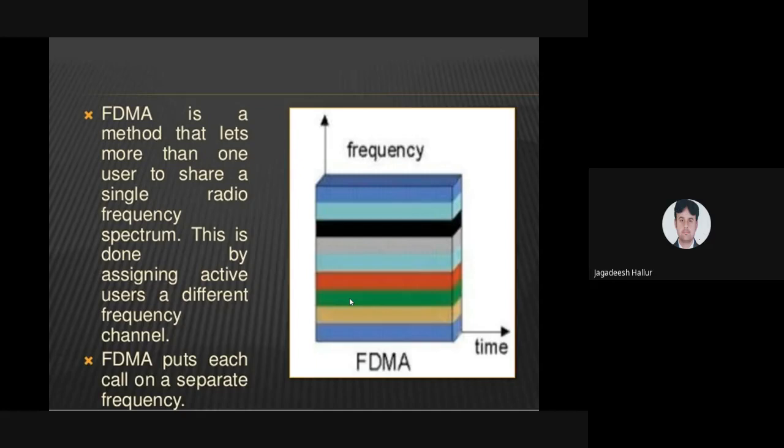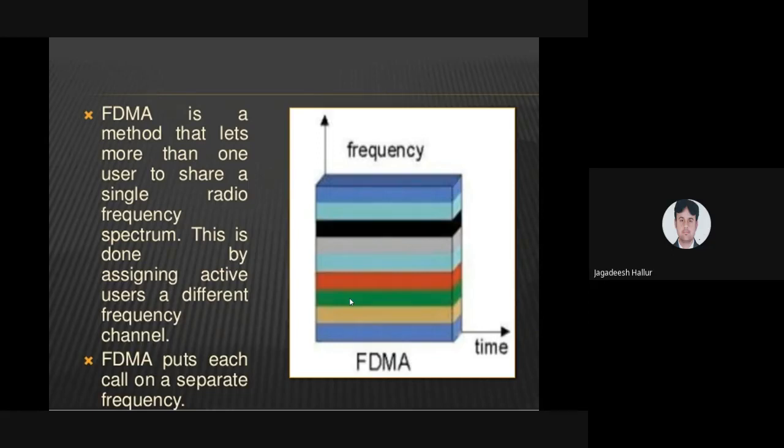What is the condition? FDMA is a method that lets more than one user share a single radio frequency. Whatever frequency band is allocated for a particular network has to be used many times, but then the network becomes busy.